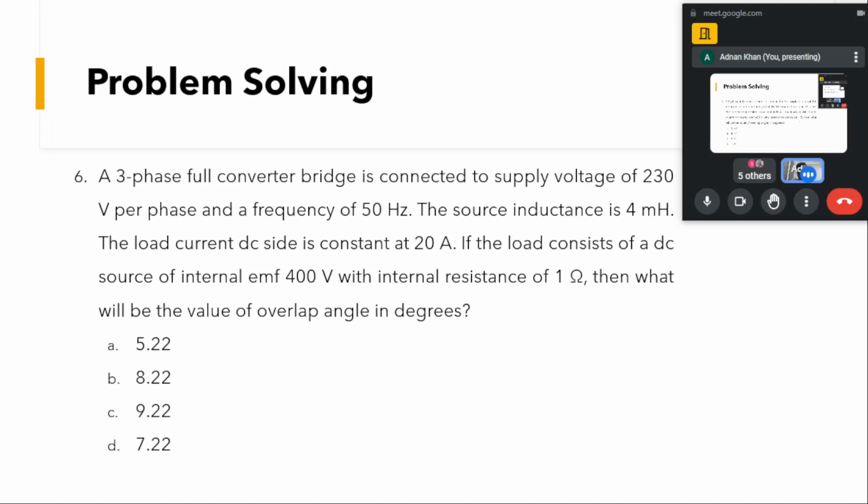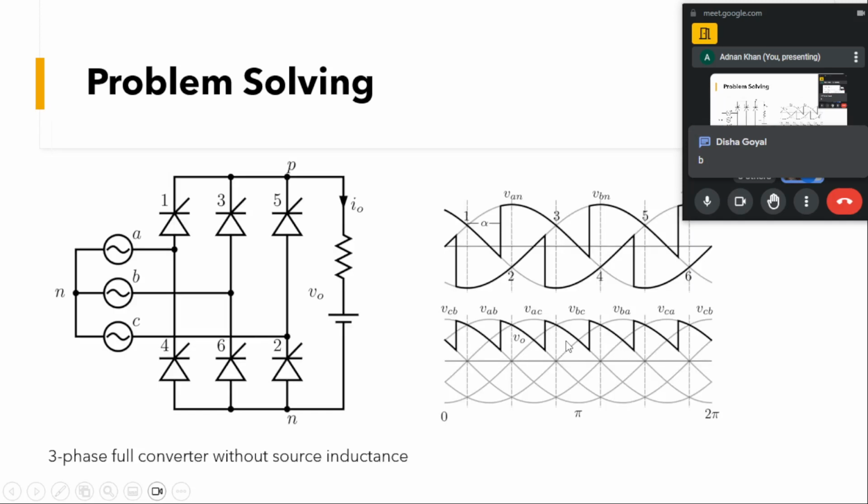As we know, due to the source inductance there will be some commutation or overlap period. So what we have to calculate is the overlap angle, for how much theta we will have the overlap. So we'll be going through this question.